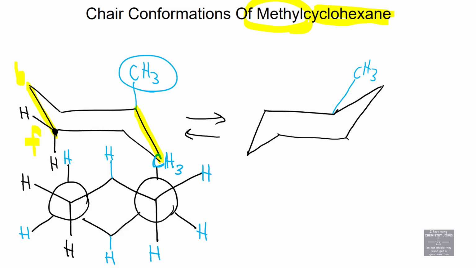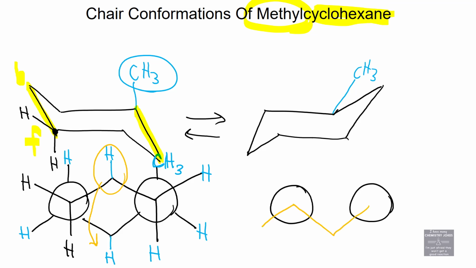And let's do a chair flip. I need 2 circles for my Newmans. I'm going to move this carbon down, so that makes my orange central carbon point down. And I'm going to make this carbon move up, so that makes my purple up. So this is the template of my molecule, the template of what my chair looks like after my chair flip.